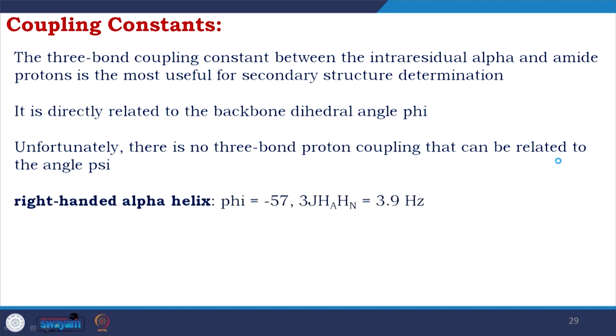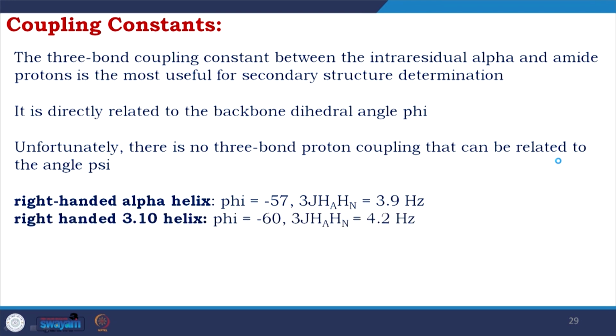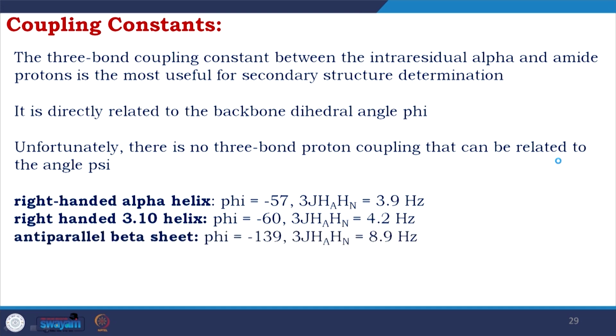So, right-handed alpha helix: phi equal to minus 57, 3JHAHN is 3.9 Hz. Right-handed 3-10 helix: phi equal to minus 60, 3JHAHN is 4.2 Hz. Anti-parallel beta sheet: phi equal to minus 139, 3JHAHN is 8.9 Hz.